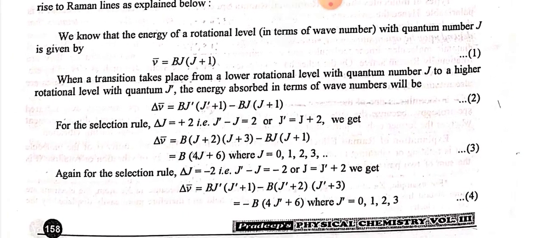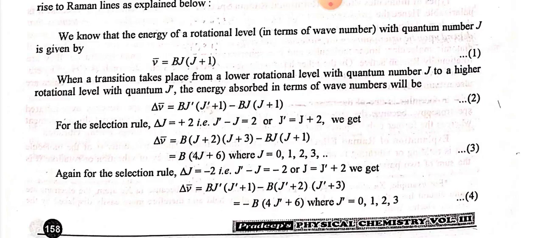We know that the energy of a rotational level in terms of wave number with quantum number J is given by nu bar equal to B J into J plus 1, equation 1. When a transition takes place from a lower rotational energy level with quantum number J to a higher rotational energy level with quantum number J dash, the energy absorbed in terms of wave number will be delta nu bar equal to B J dash into J dash plus 1 minus B J into J plus 1, equation 2.